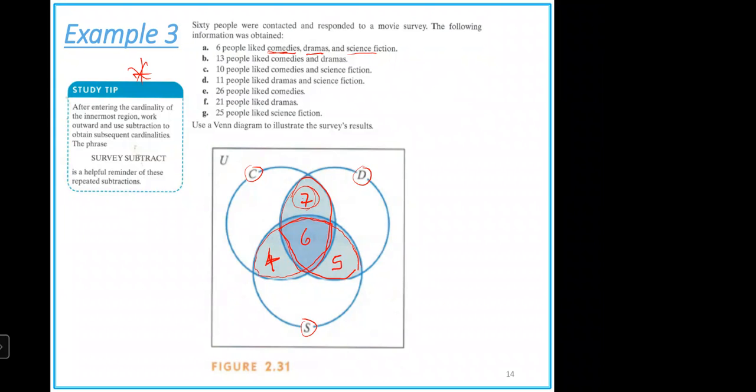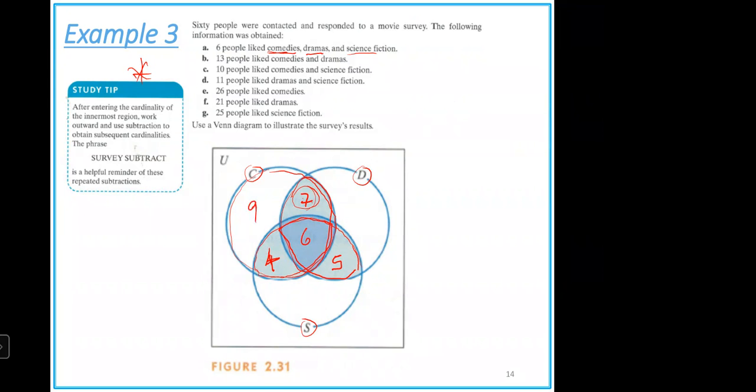Now we go to the next set of regions. 26 people like comedies, so that's the whole circle marked C. We already have 3 sections filled out. 7 plus 6 plus 4 gives us how much? 17. So how many more do we need to fill in the circle for comedies? 17 plus something gives us 26. 9.